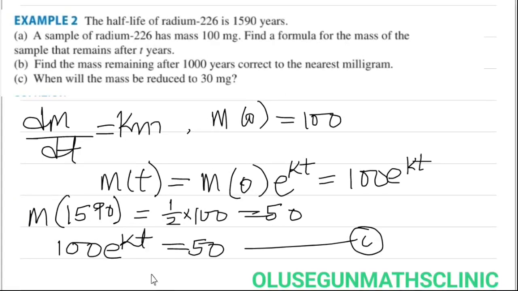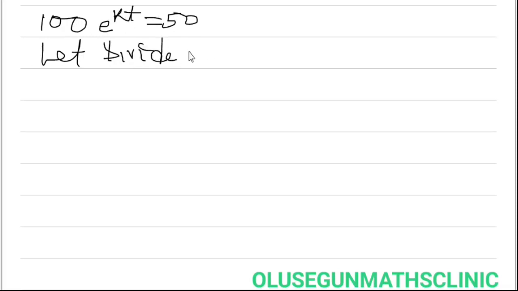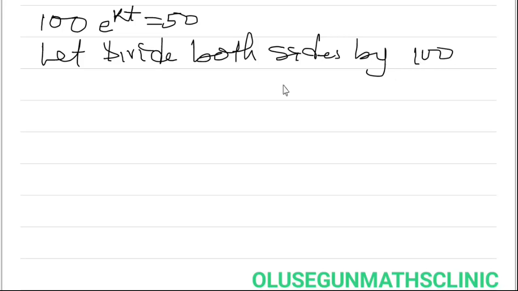Let's now solve this equation mathematically. We have 100 e^(kt) is equal to 50. Let's divide both sides by 100. So we have 100 over 100 e^(kt) giving 50 over 100.